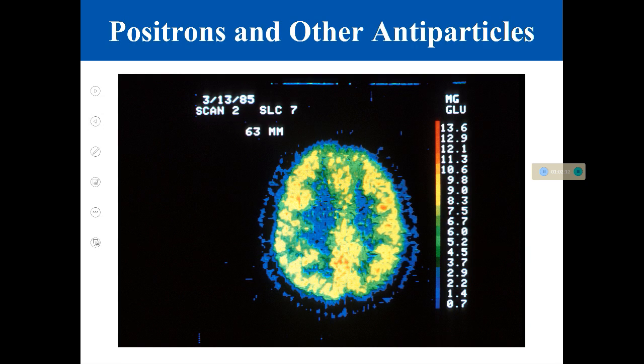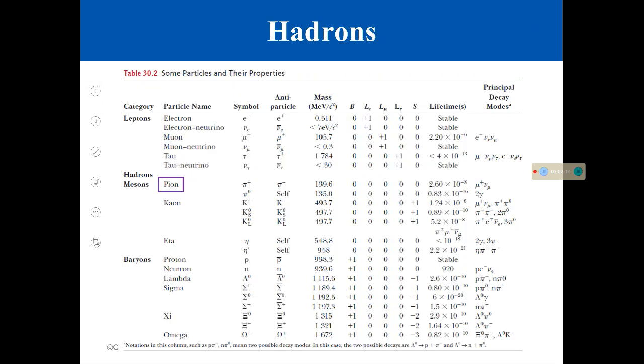The baryon number can be found right here at B. A lot of these particles just have 0, making it very easy to conserve. But the most important ones to note are protons and neutrons, which are both at 1. So you can trade a proton out for a neutron as long as you conserve the correct amount of baryon numbers.